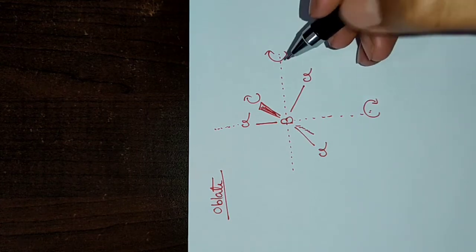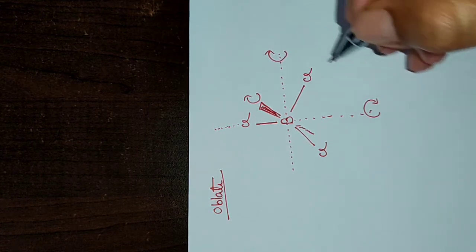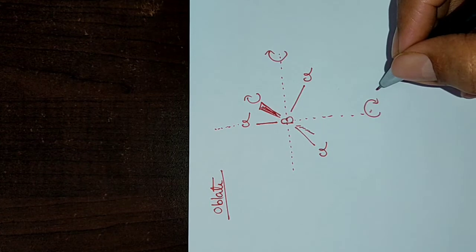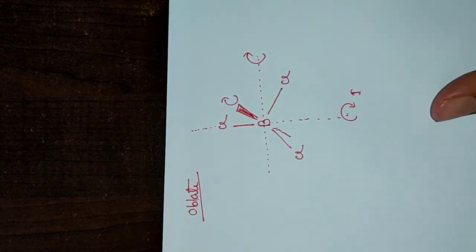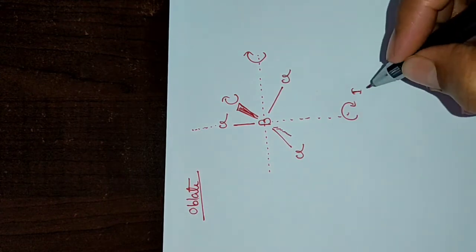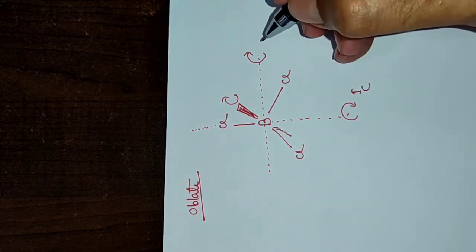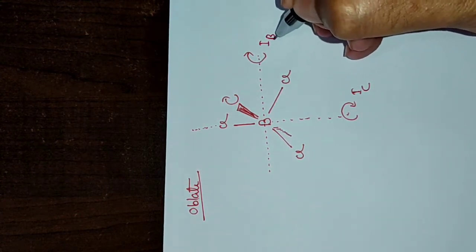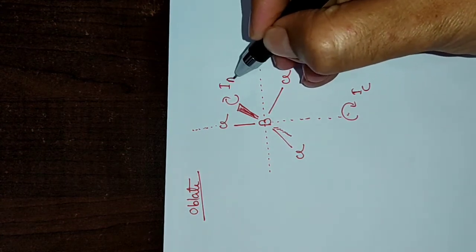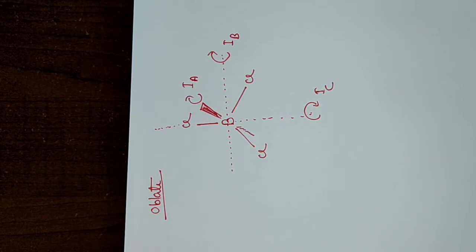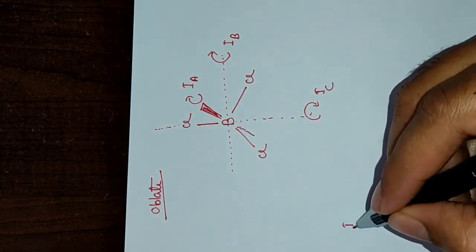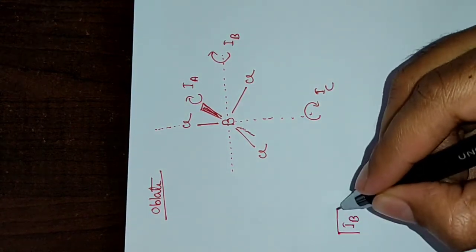Now this will be IC, this is IB, and this will be IA. First, we will study IB.